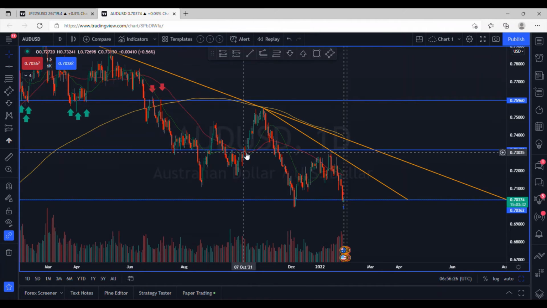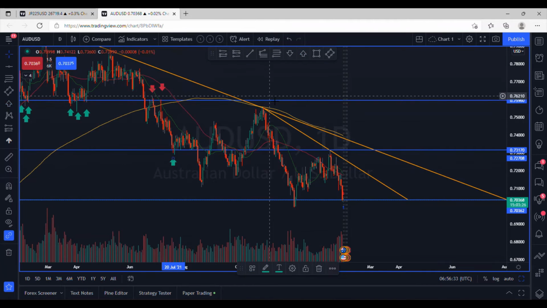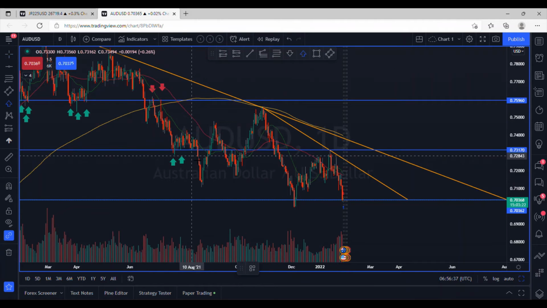And it's going to be there because, again, we've had support, support, support, we got it there, we got it there, we got it there.